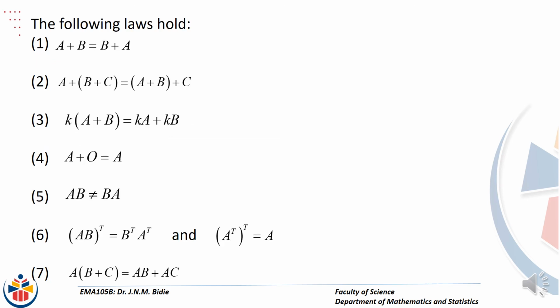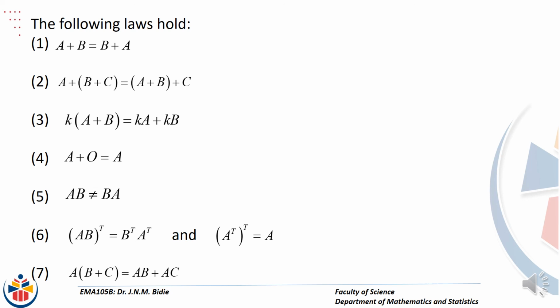The laws that apply to matrices, especially the few operations that we've dealt with, look at them: addition, associativity, commutativity. Please note number 5, AB is never equal to BA.